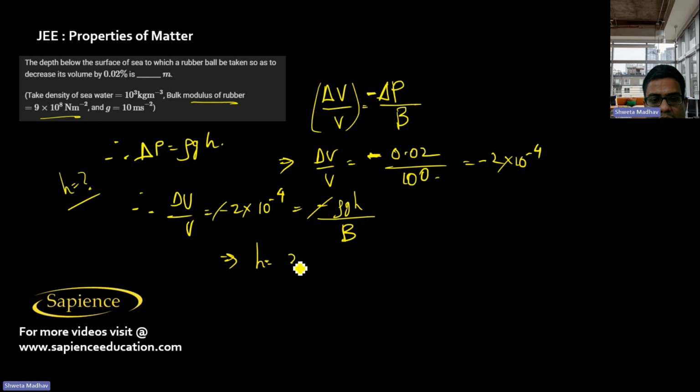So h will be equal to 2 into 10 power minus 4 into the bulk modulus of rubber, that is 9 into 10 power 8, divided by rho into g. Rho is the density of sea water, that is 10 power 3, and the value of g is 10.